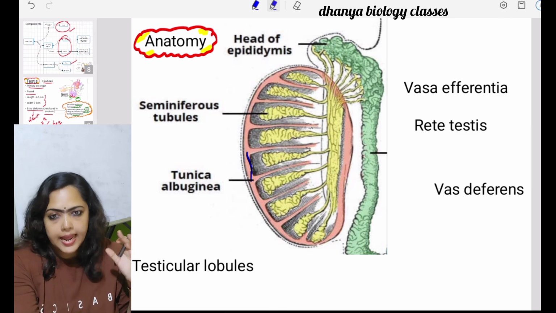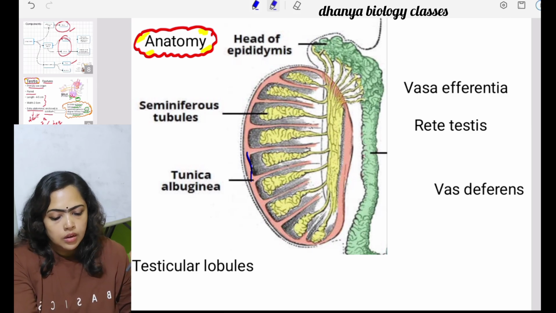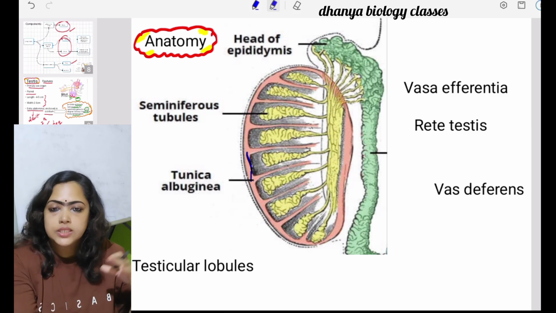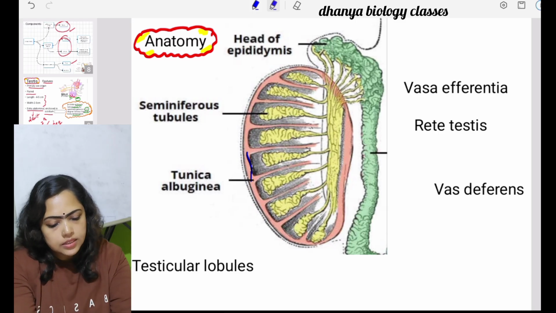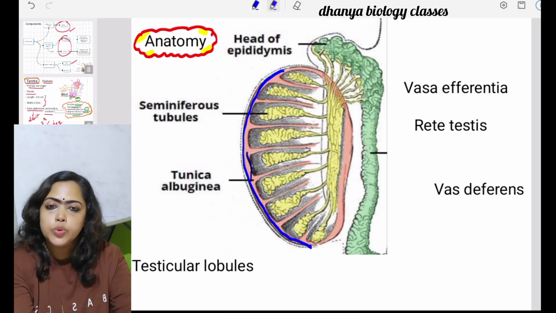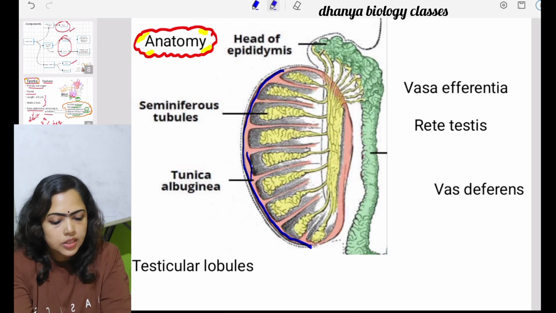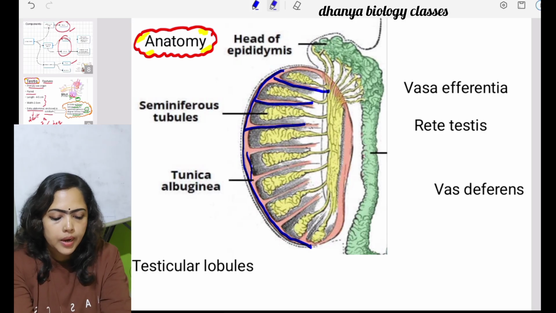And next is the anatomy of testis, which is the middle layer, tunica albuginea. Okay, see, this is the middle layer called tunica albuginea. This tunica albuginea extends inward to divide the testis into different compartments.